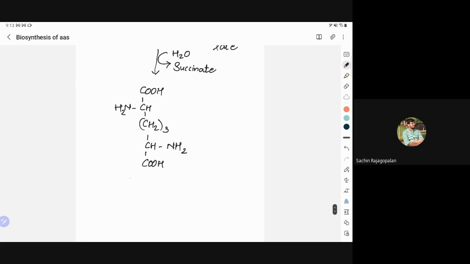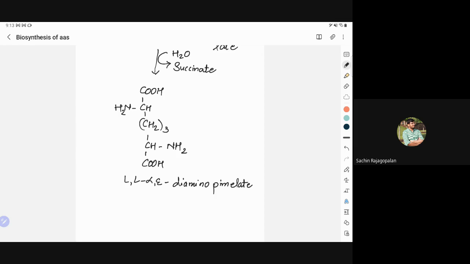So what you see right now is called LL alpha epsilon diaminopimelate. If you don't want to write alpha epsilon, you can also write 2 and 6, no problem. If you write 2,6 diaminopimelate, that will also work. It's going to be one and the same.